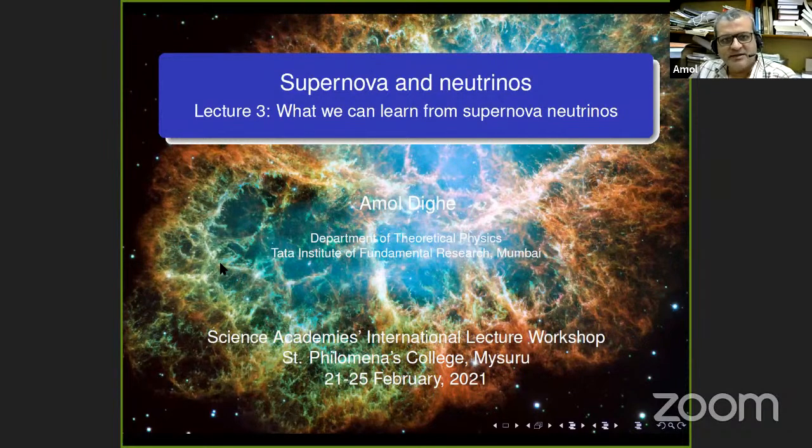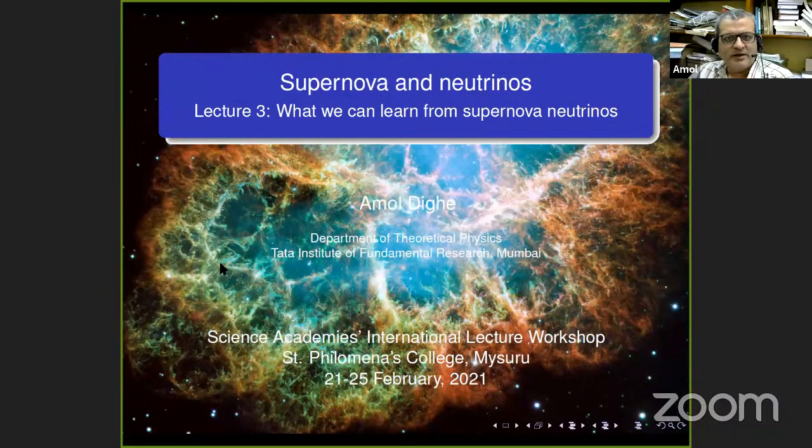In the second lecture, we saw what happens to these neutrinos as they come out from the star all the way to the Earth, to our detector. What we focused on was the oscillations of these neutrinos, which means how these neutrinos go from being electron neutrino to muon neutrino, or muon to electron, electron to tau, and so on and so forth.